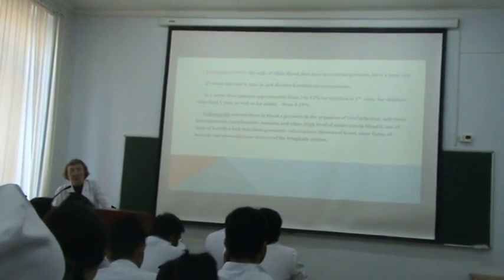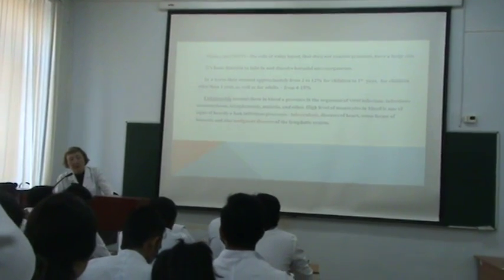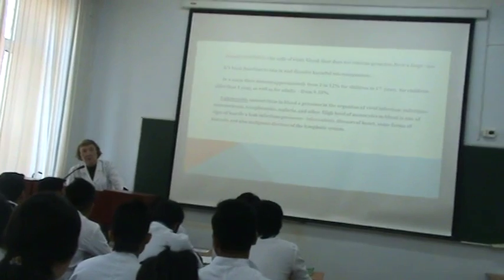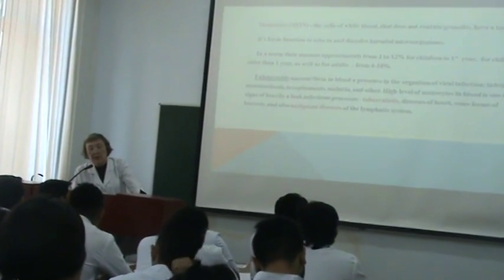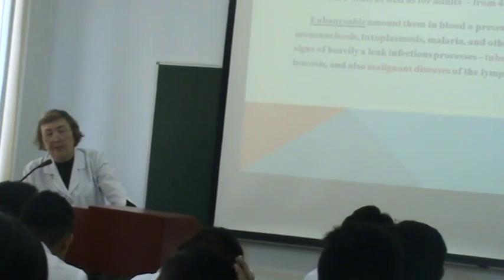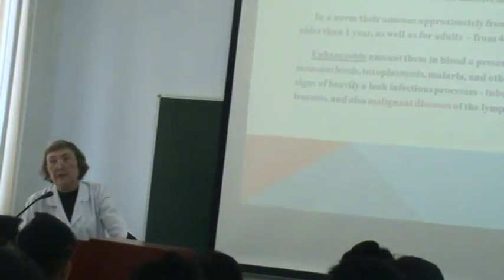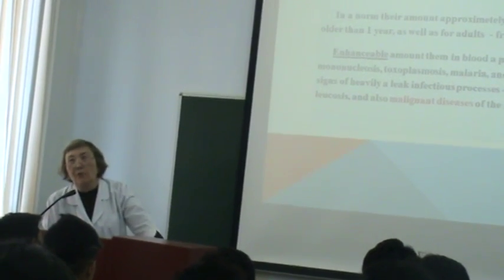In the norm, their amount is approximately from 2 to 12% for children up to the first year, and for children older than the first year, as well as for adults, from 4 to 8%. Maybe, sorry, 8%. This was a mistake, it is 8%.